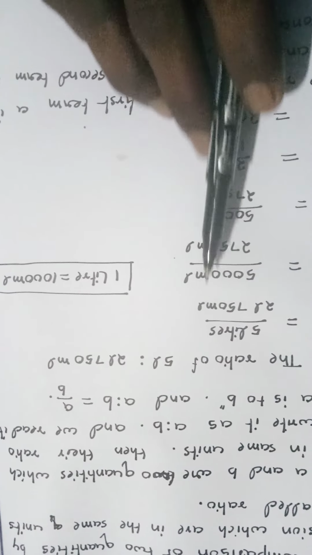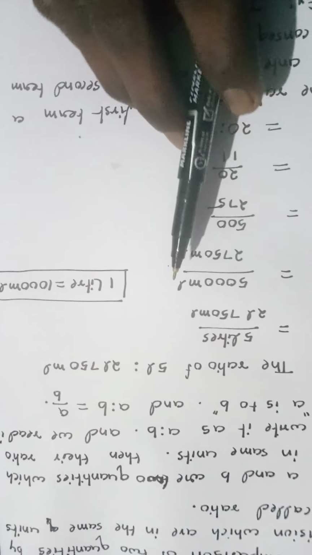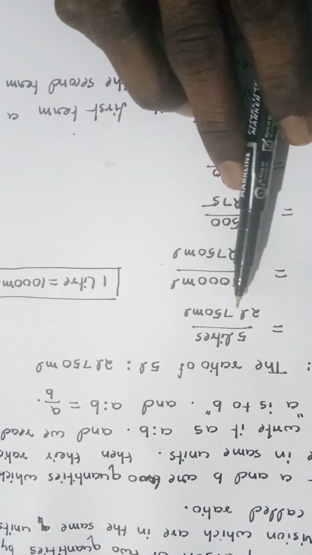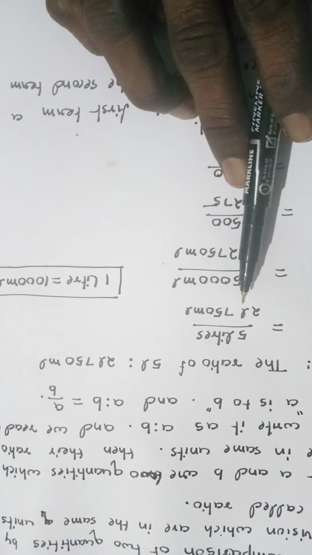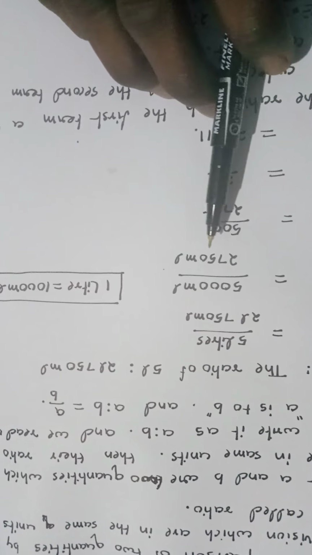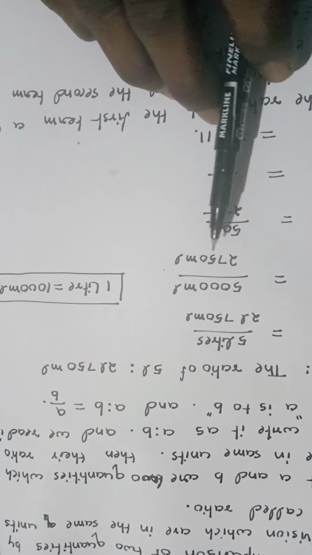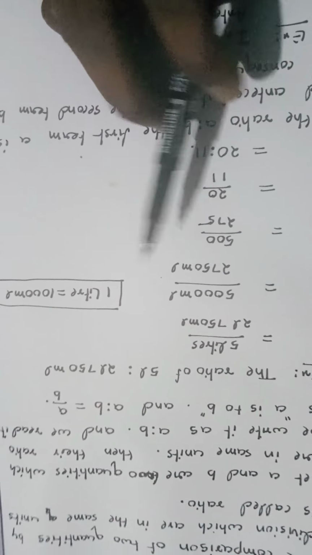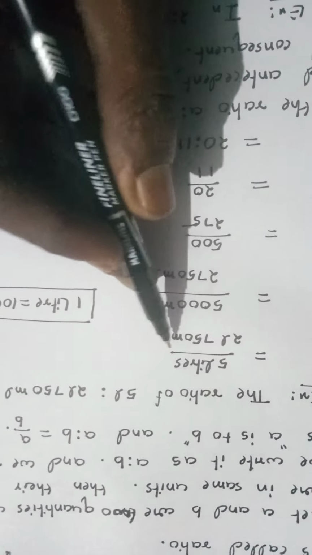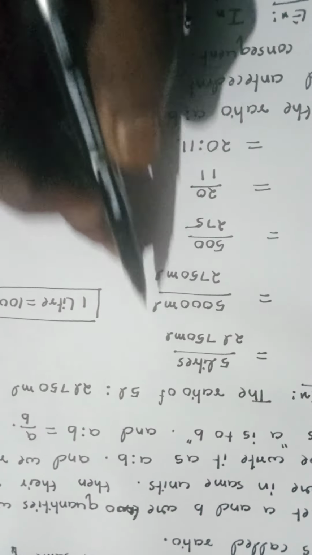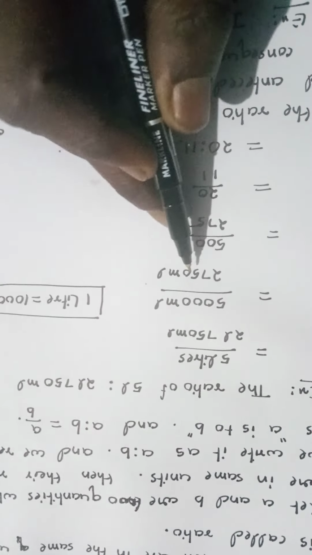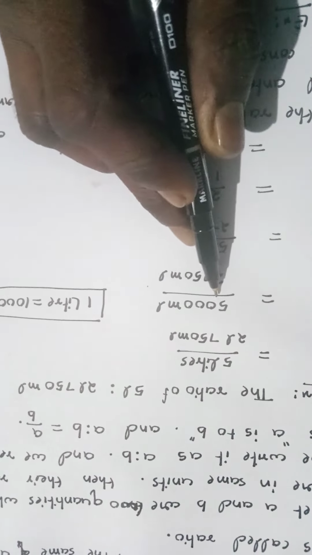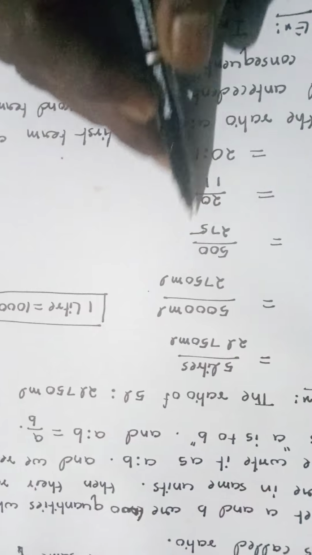So 5 liters is equal to 5000 milliliters. By 2 liters 750 ml is nothing but 2000 milliliters plus 750 milliliters, totally 2750 milliliters. So both quantities are now in the same unit, milliliters. They will get cancelled, and a 0 will get cancelled, then you will get 500 by 275.